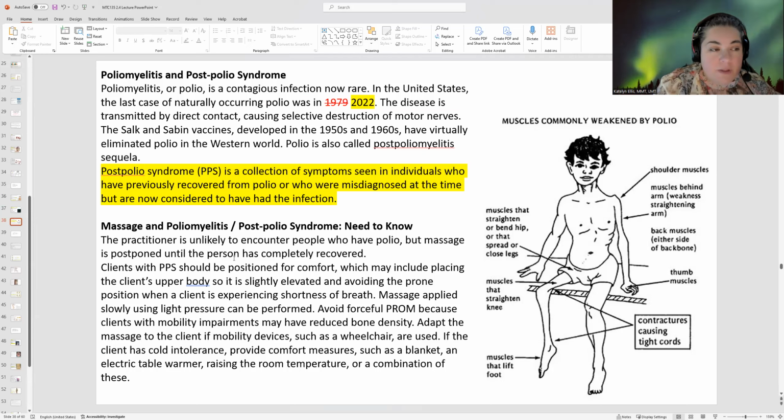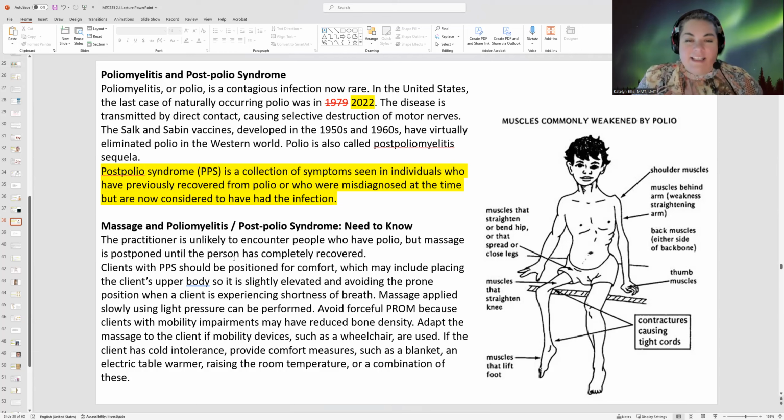Poliomyelitis and post-polio syndrome. So poliomyelitis or polio is a contagious infection that is now rare. I had to cross this out because it says in the United States the last case of naturally occurring polio was in 1979. We actually had a case of polio in 2022 in New York, and there was another instance of polio in 1993.